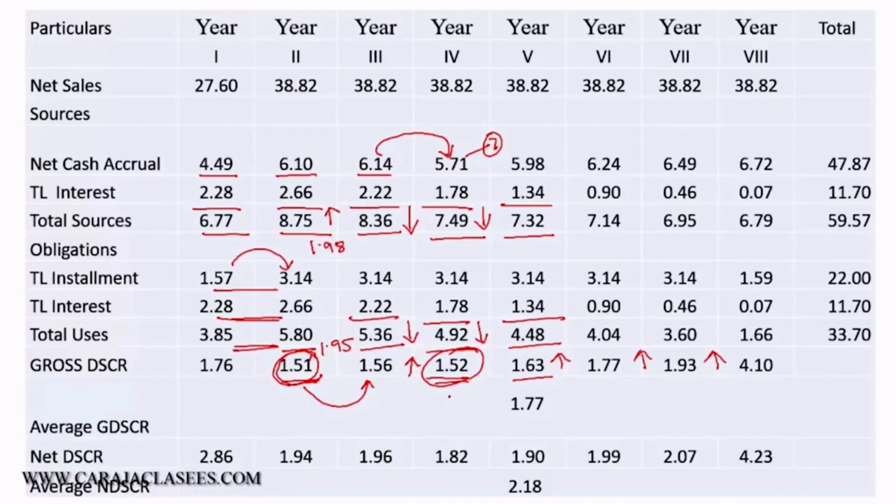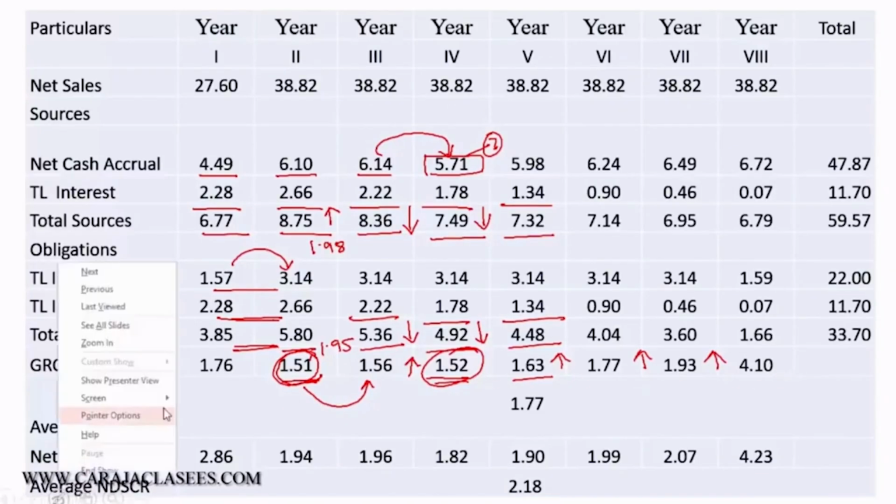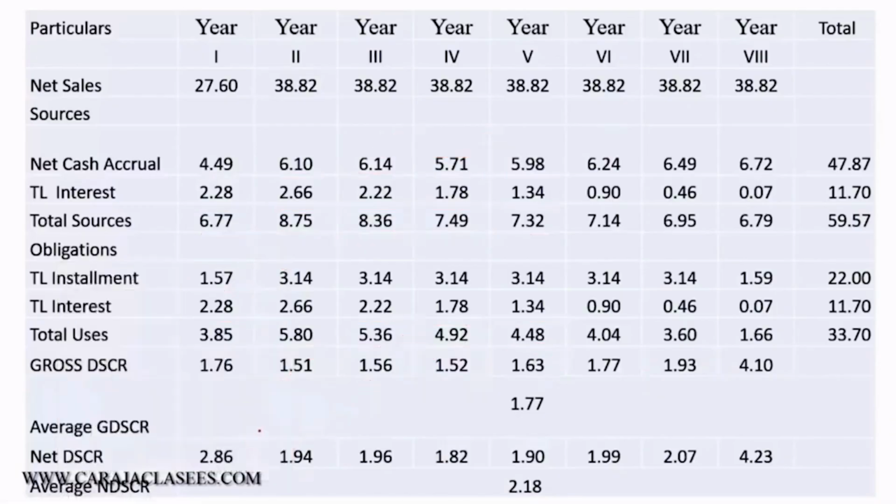So why this net cash accrual is coming down in year 4, that got to be analyzed and brought out in the proposal. Okay, but if you notice, throughout gross DSCR is maintained above the generally expected level of 1.5.